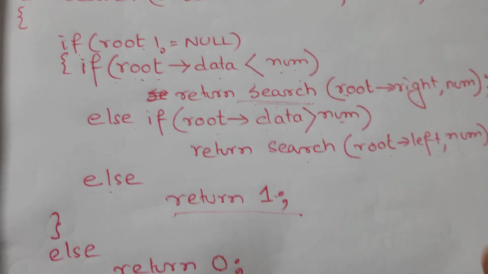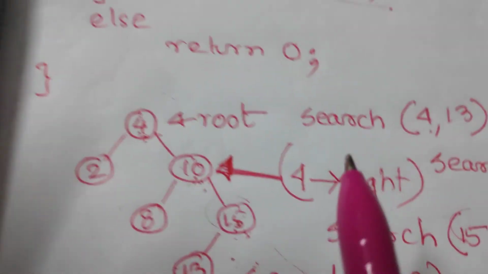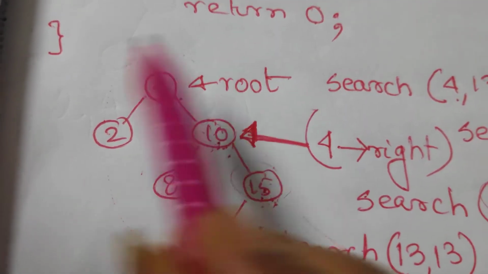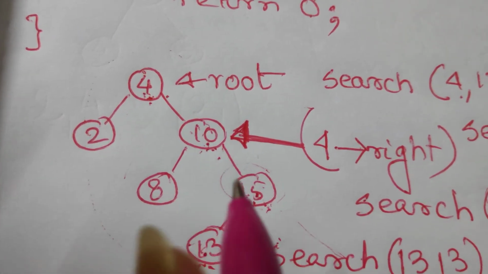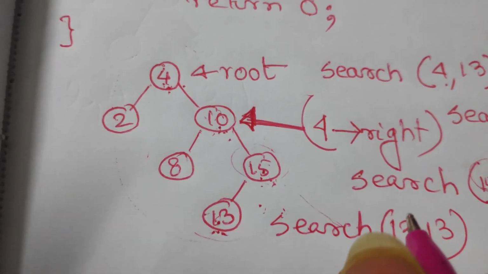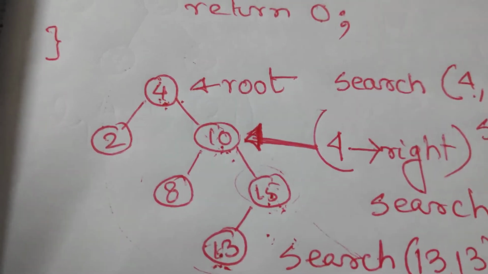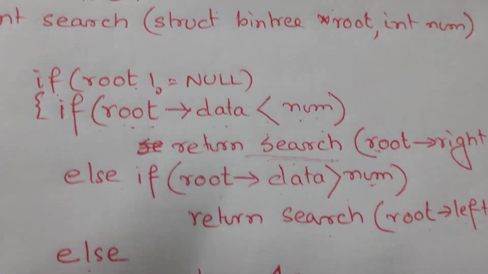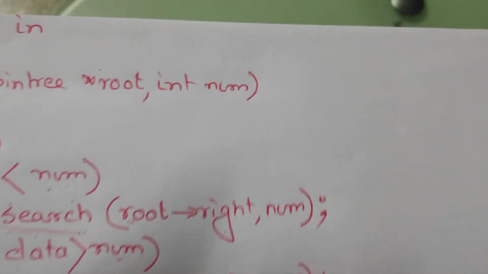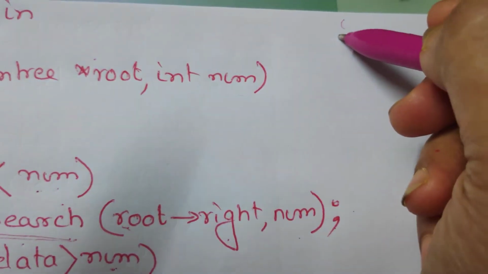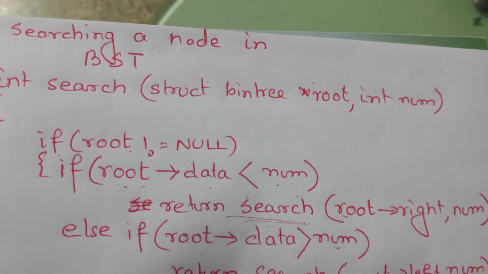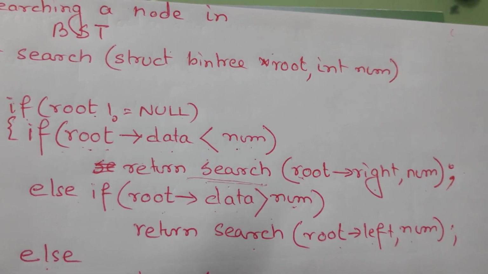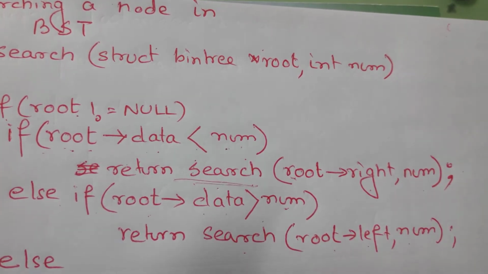Now let us see how this function will work if we try to search out a number, say 1. We want to search out the number 1, right? So if we want to search out the number 1, then again we have to call this function using the root of the tree and the number that we are trying to search.